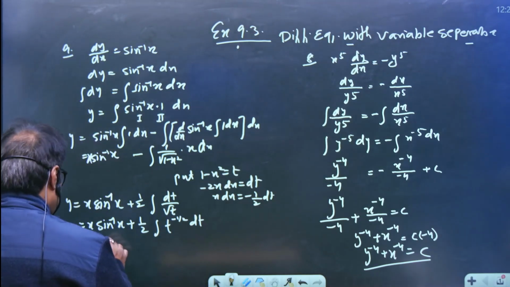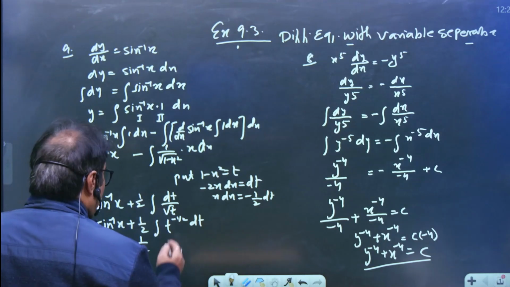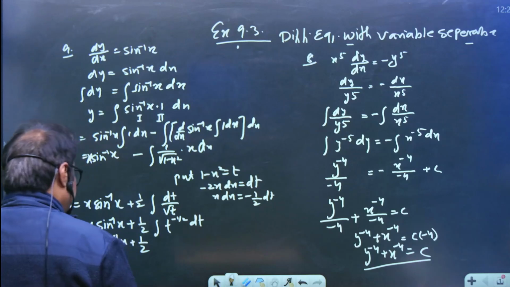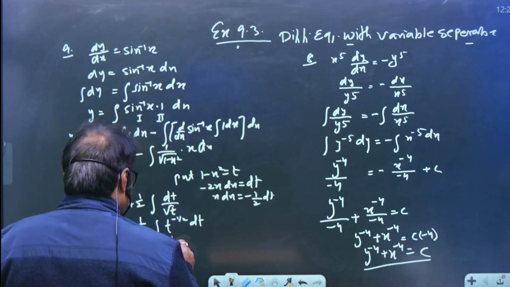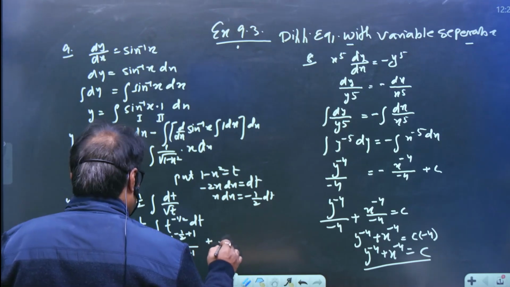So x sin inverse x plus 1 by 2, and it will be t raised to minus 1 by 2 plus 1 upon minus 1 by 2 plus 1, and plus c.